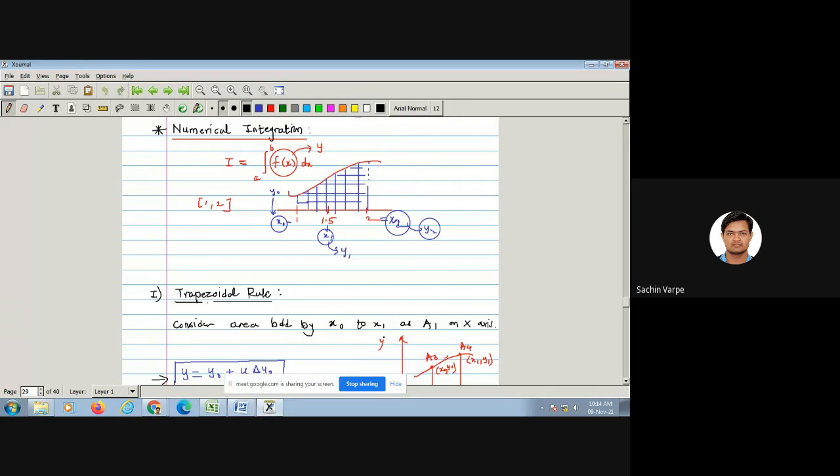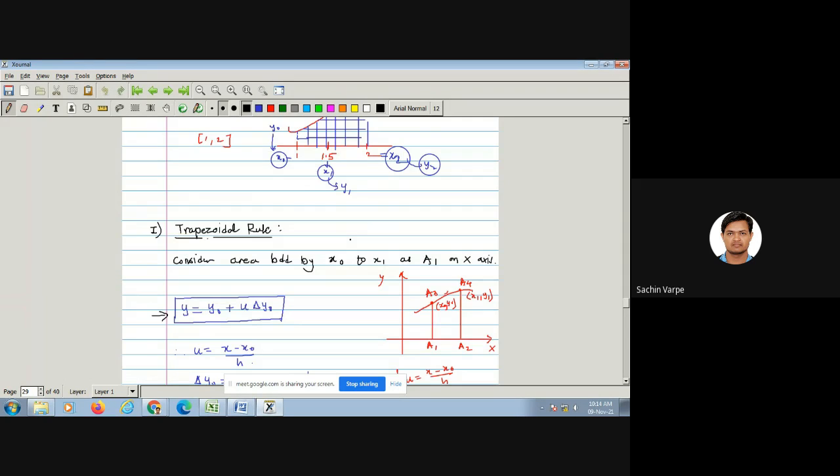Okay, numerical integration. So there are several types of integrations. The techniques from the numerical methods that we are going to apply are the trapezoidal rule and Simpson's rules: Simpson's 1/3 and Simpson's 3/8 rule for numerical integration.